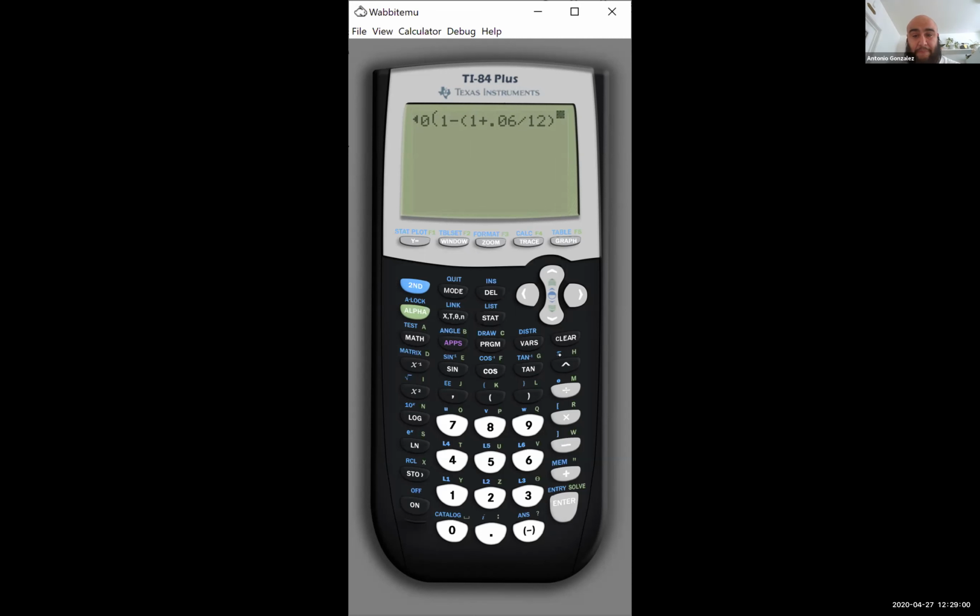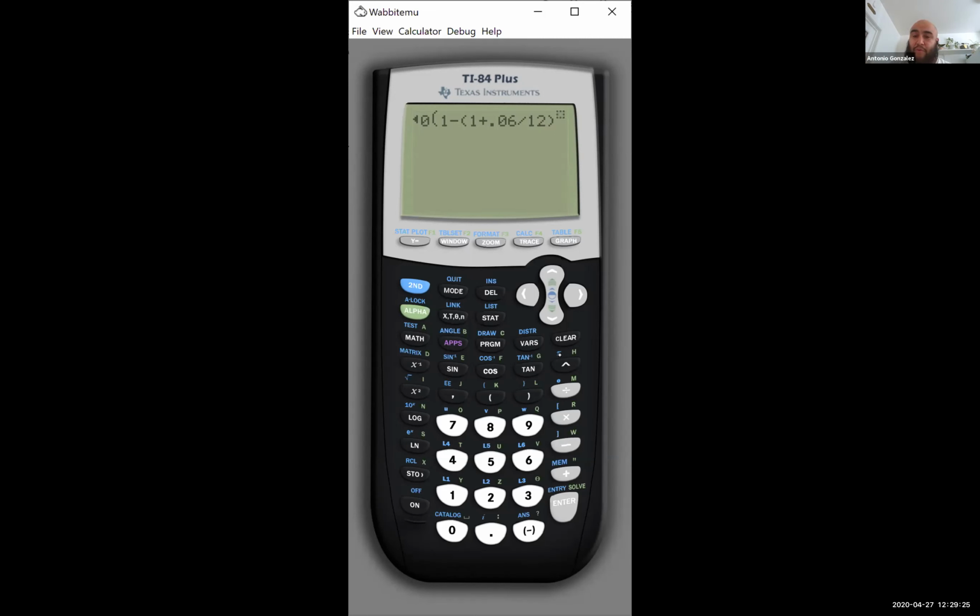Raise it to the power, and again, be careful here. The nice thing about this version of the calculator is that when you hit the caret, it automatically puts you in the exponent. Some later versions just give you the actual caret symbol, that little arrow pointing up. In which case, if you're going to write an operation there, make sure you enclose that operation in its own parentheses.